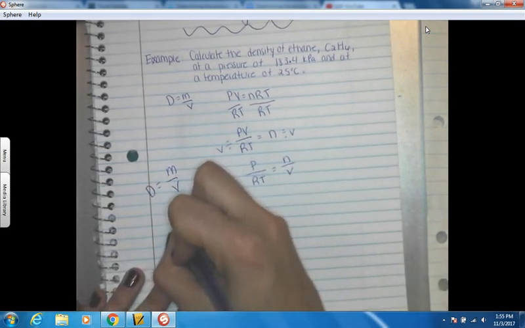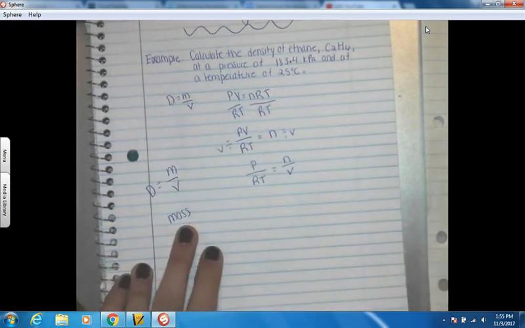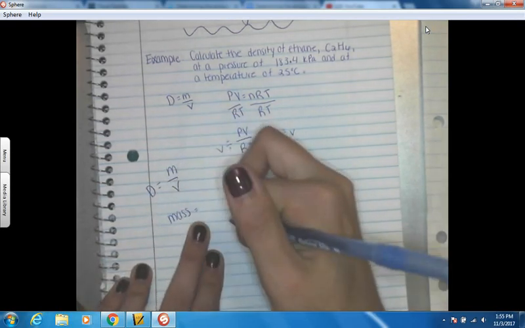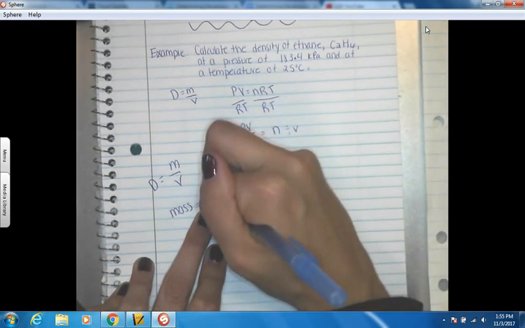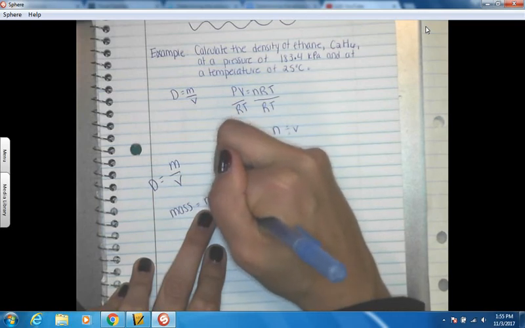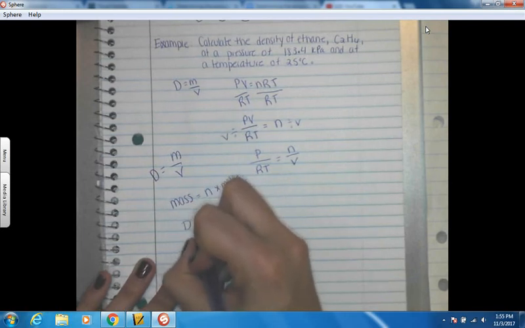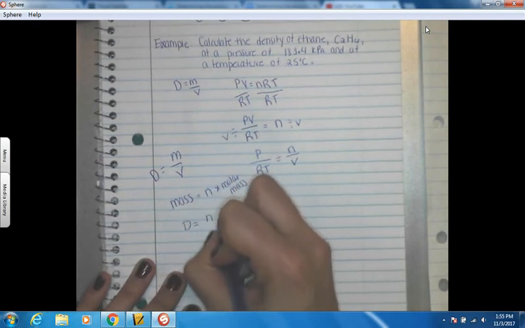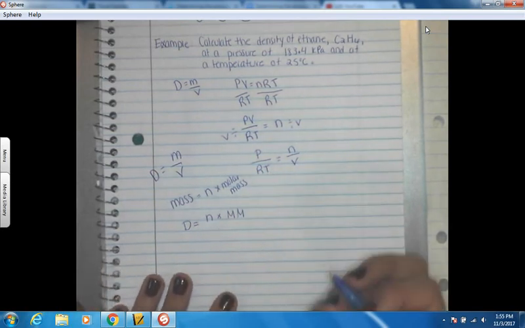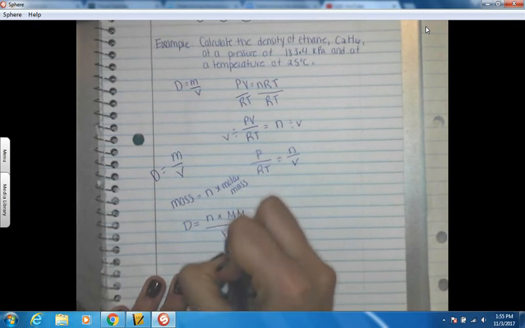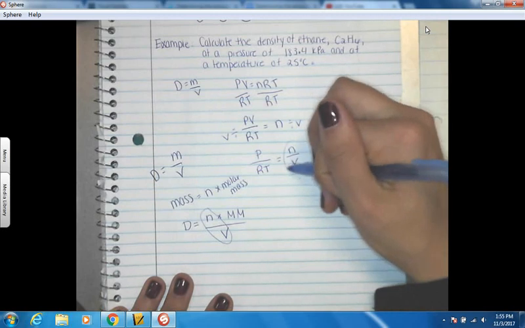If we were trying to figure out the grams of something, we would have to take the moles of it, which is n, and multiply it by the molar mass. So that's like saying that density is equal to n times molar mass, which we're going to abbreviate by capital M, over V. Now we have n over V, which is the same as this.